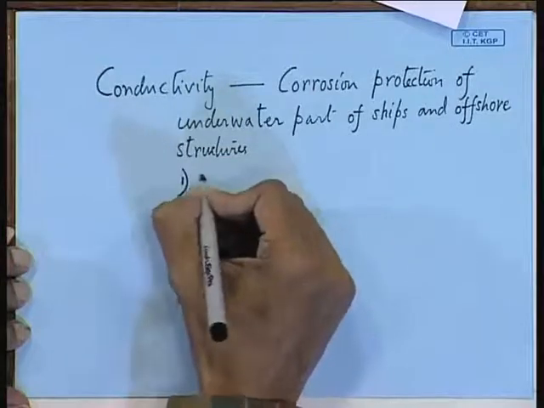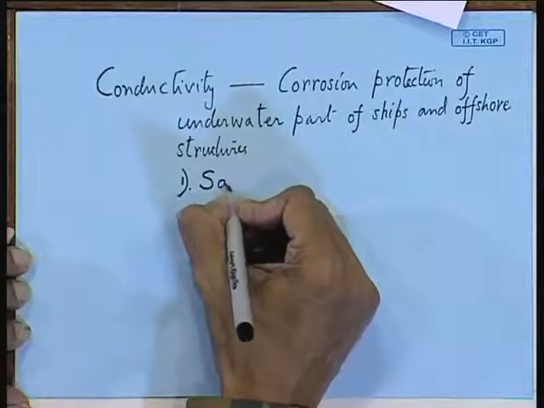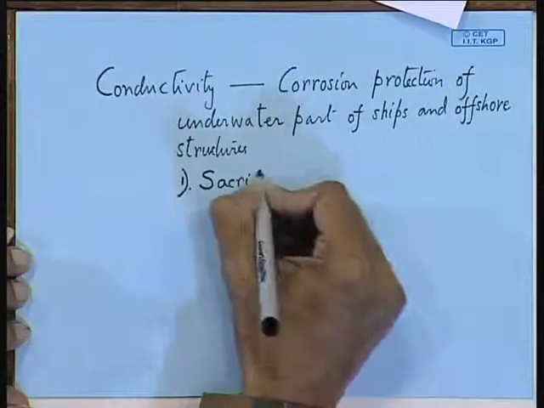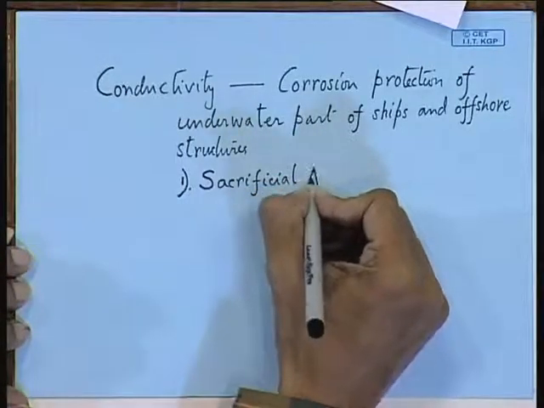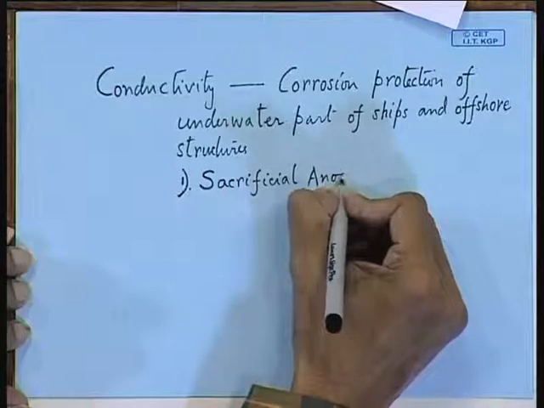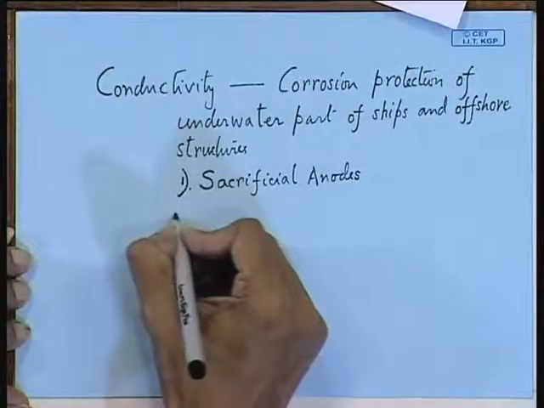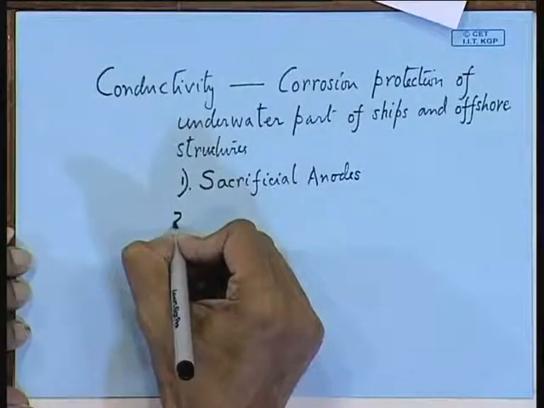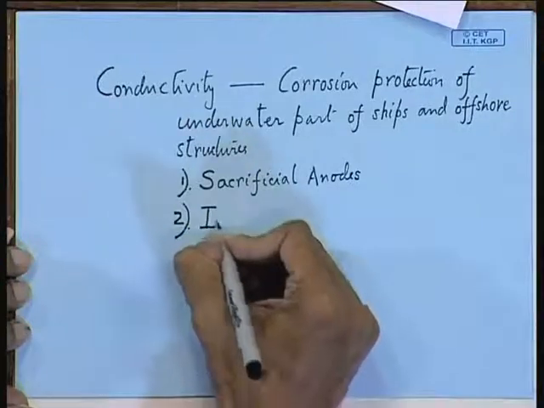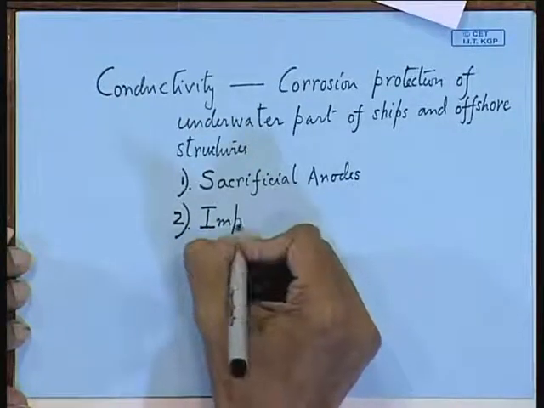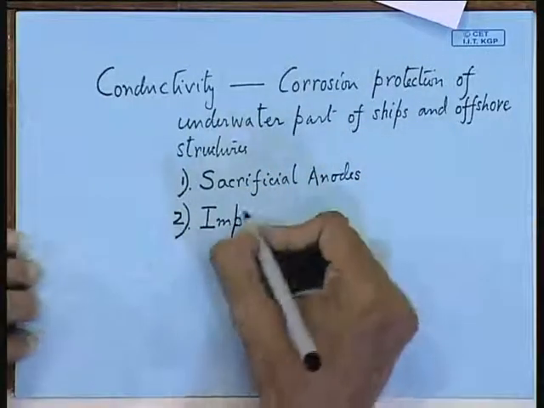Number one is by means of sacrificial anodes, that is, your zinc anodes, they get corroded, and the other is what is called an impressed current system, where you take help of the conductivity of seawater.